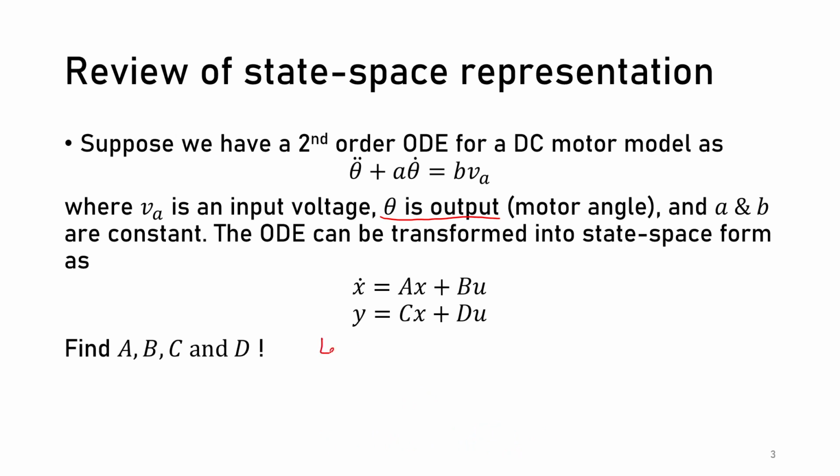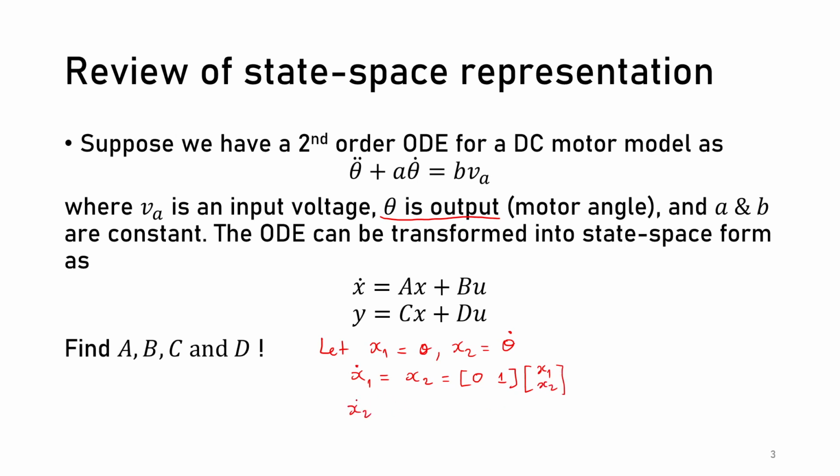First, let h1 equal to theta and h2 equal to theta dot. Then the first equation is h1 dot equal to h2, which is 0, 1 times h1 and h2, like this.